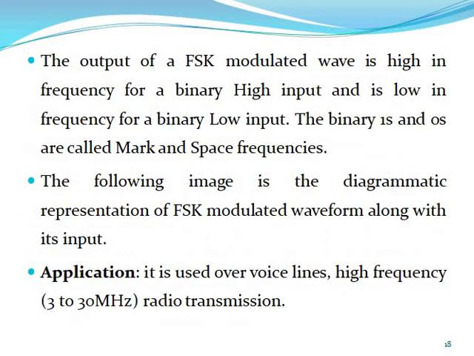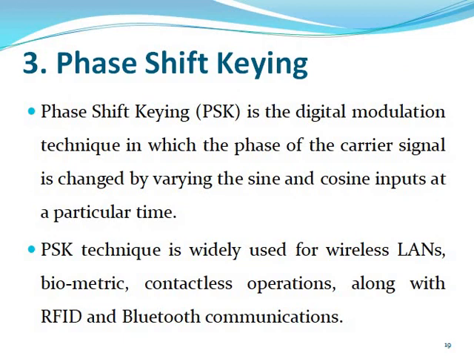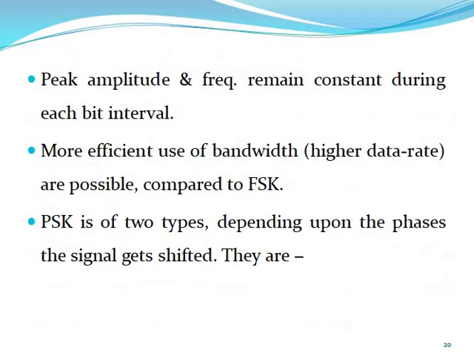So what is phase shift keying? Mostly phase shift keying depends on two waves, sine wave and cosine wave, and it is used for biometric and Bluetooth communication, and also the bandwidth efficiency is high compared to frequency shift keying.